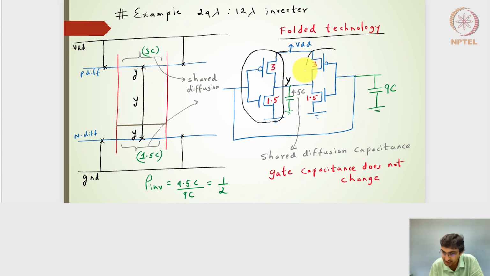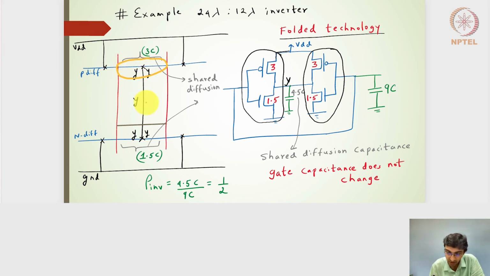And if I consider the right side inverter 3:1.5, I will draw the similar mirror image of this particular inverter in the stick diagram. On one diffusion it will go to the VDD, on the N diffusion line, one diffusion goes to the ground. On the other side it is nothing but the Y output. So what it really means is, this particular part of the diffusion is actually shared diffusion.